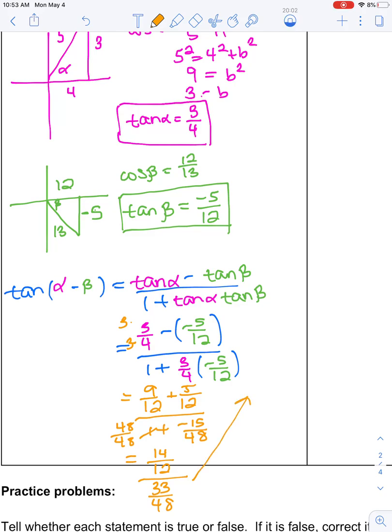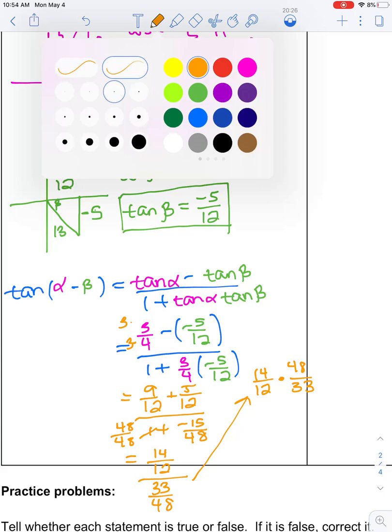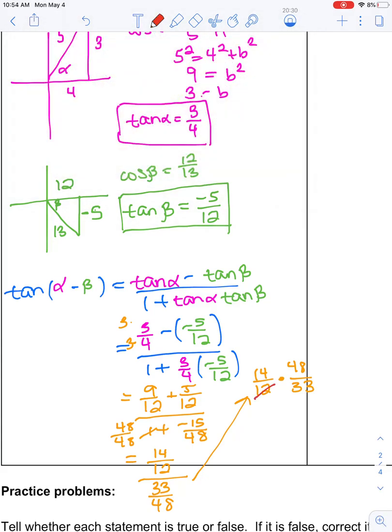I'm going to pop up here since we're running out of room. We know that division of fractions is just the same as multiplying by the reciprocal, right? So instead of saying 14/12 divided by 33/48, I'm going to take 14/12 and multiply it by 48/33. One thing that I noticed right away is that 12 actually divides into 48.